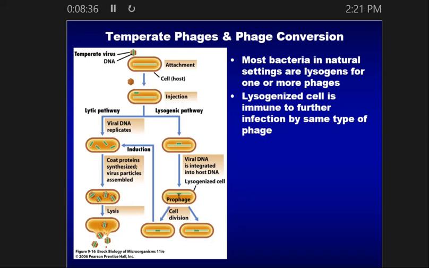So that's a really slick way for a virus to spread into other cells, very passively, very cheaply, very efficient. Just hang there and wait for the bacteria to go through cell division and you're spreading. So that's a really slick way for phages to disseminate or spread out into subsequent populations of these progeny cells.